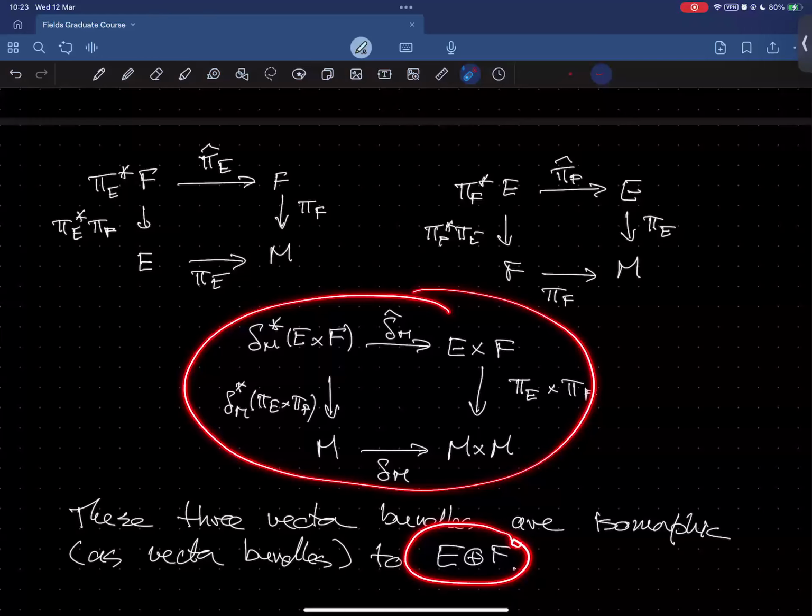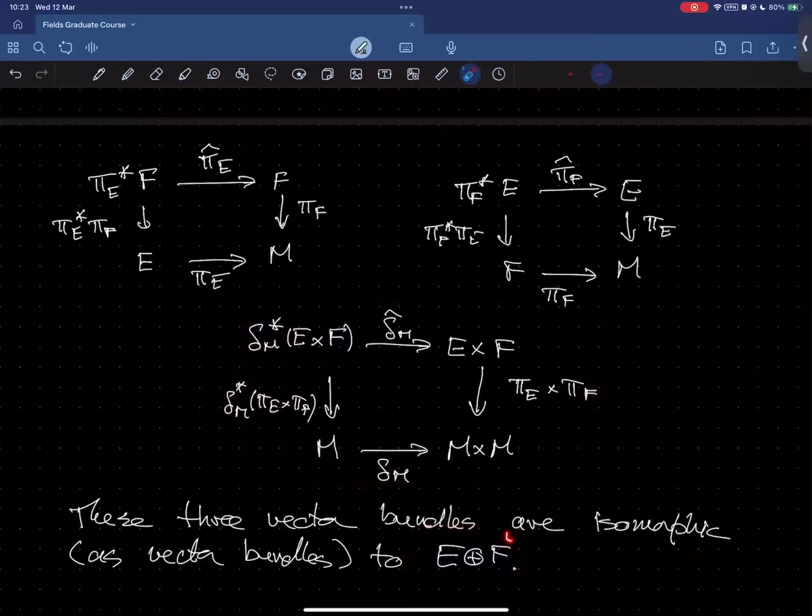Okay, and then the hard part is verifying that the vector bundle structure that we built for this agrees with the pullback vector bundle structure. Okay, but it does, and I don't wish to trivialize that, but what I hope at least is it gives you some intuition for how pullback bundles work. You have some vector bundle here and you want to basically do something with the fibers.